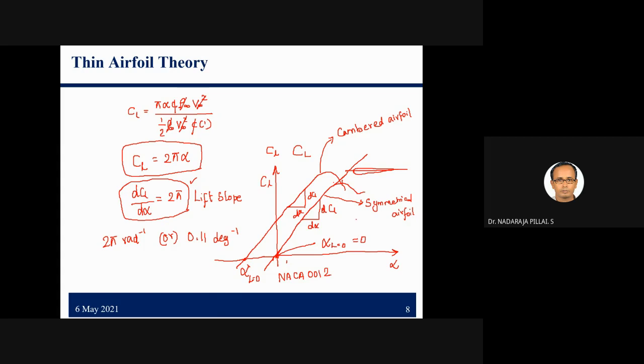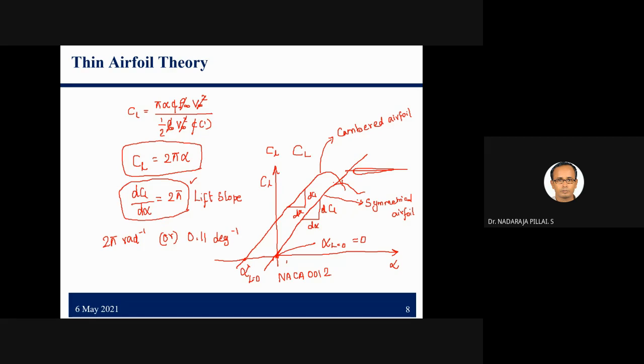So after this particular stalling point, you have a flow separation. So in general, we consider the lift curve slope from the thin airfoil theory can predict till the stalling point, right?